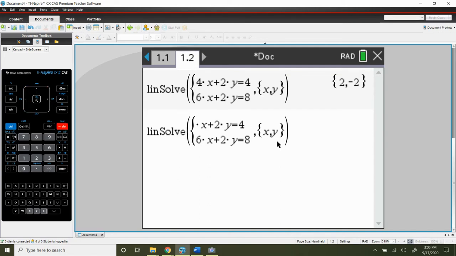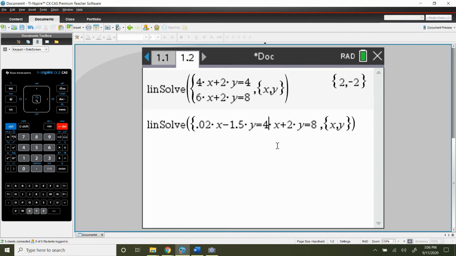So this is 0.02x minus 1.5y is equal to 4. Now, I know it's a's and b's, but we're just going to use x's and y's. So 0.5, oh, let's go back.